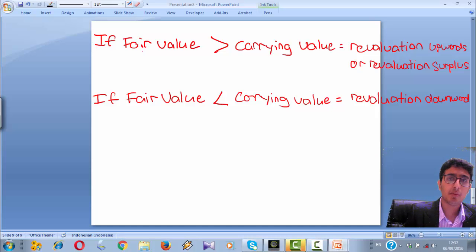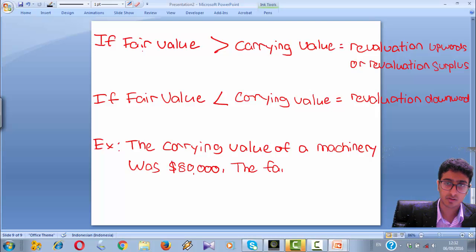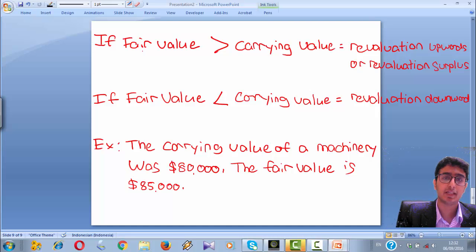An example would be like this. Let me give an example. The carrying value of a machinery was $80,000.